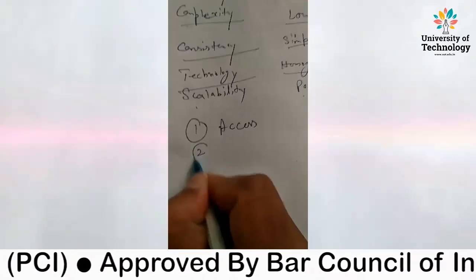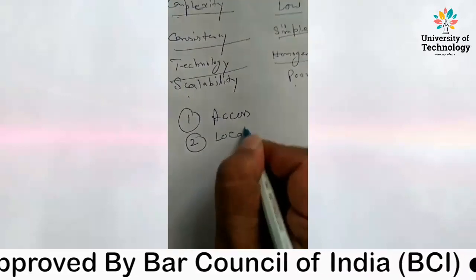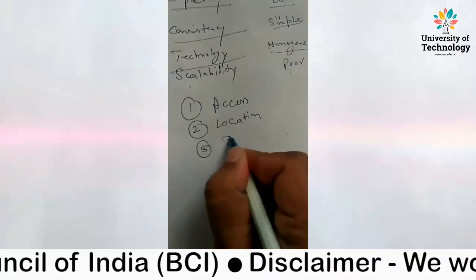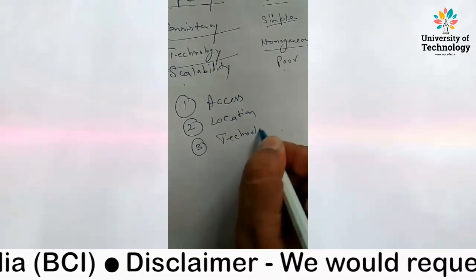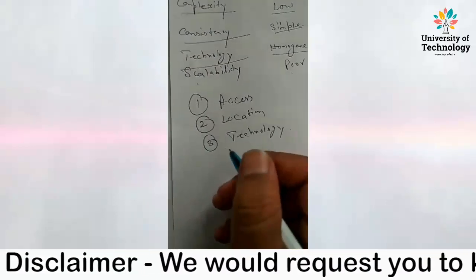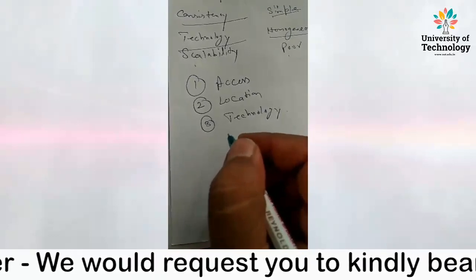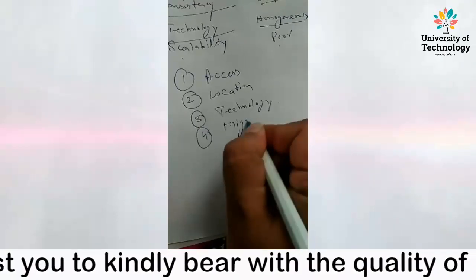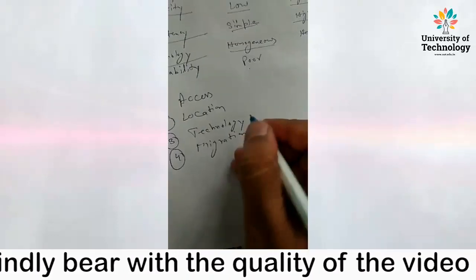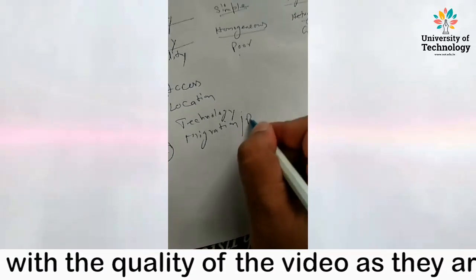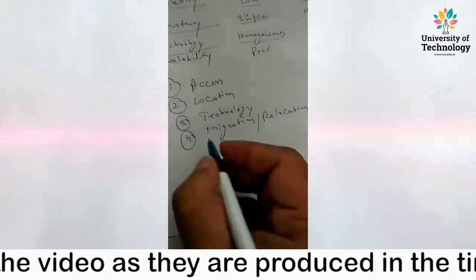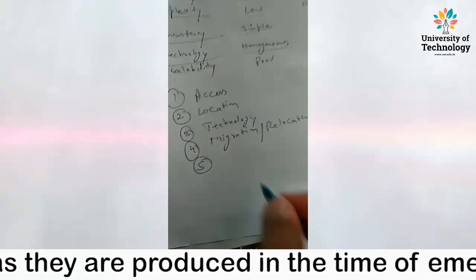Second, location. Third, technology. Fourth, migration or relocation. Fifth, replication.